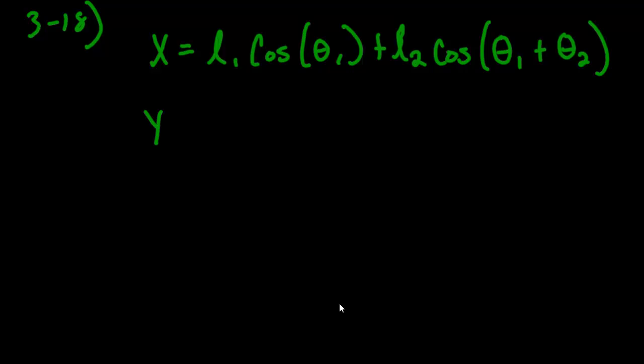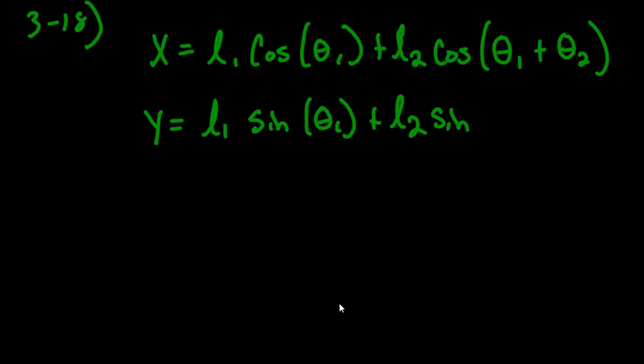Now if we want to find y, y is equal to L1 sine of theta 1 plus L2 sine of theta 1 plus theta 2. Using this formula, we'll be able to find the total x and the total y of any two-link robot.